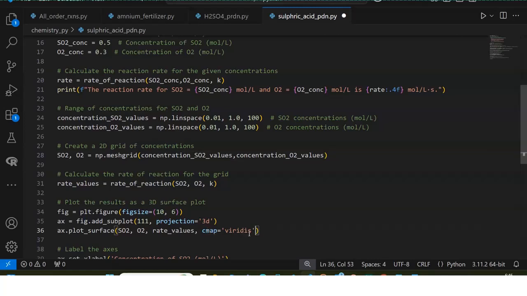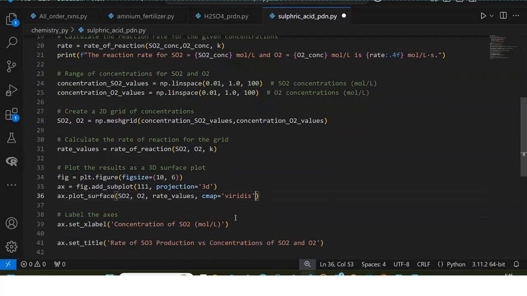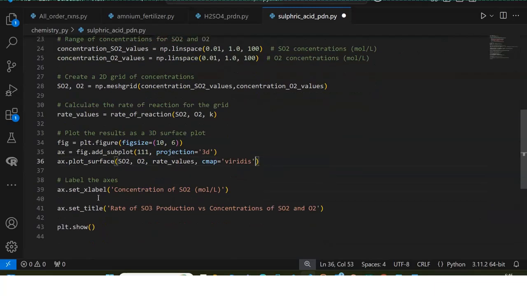The color map that we are going to use for this plot is viridis. Meaning we are taking in the values of SO₂ from the meshgrid, then O₂, the rate values, and then we also take in the color map. Then we set the axes.